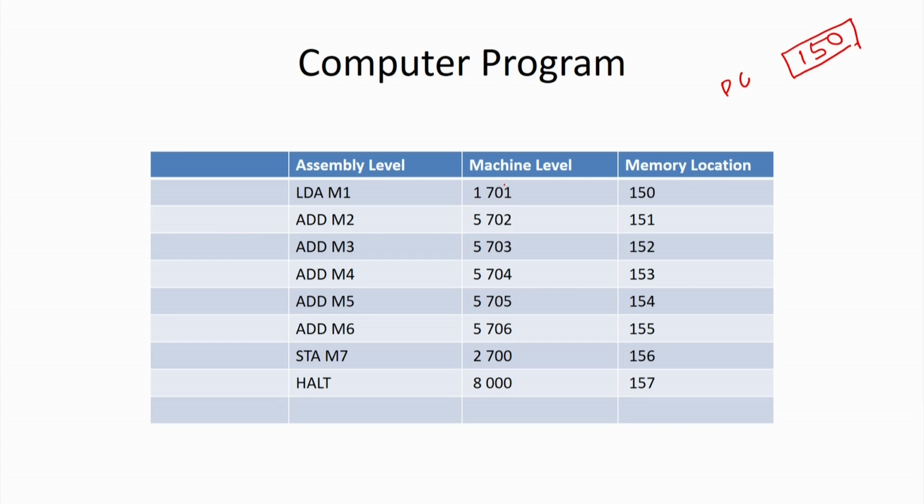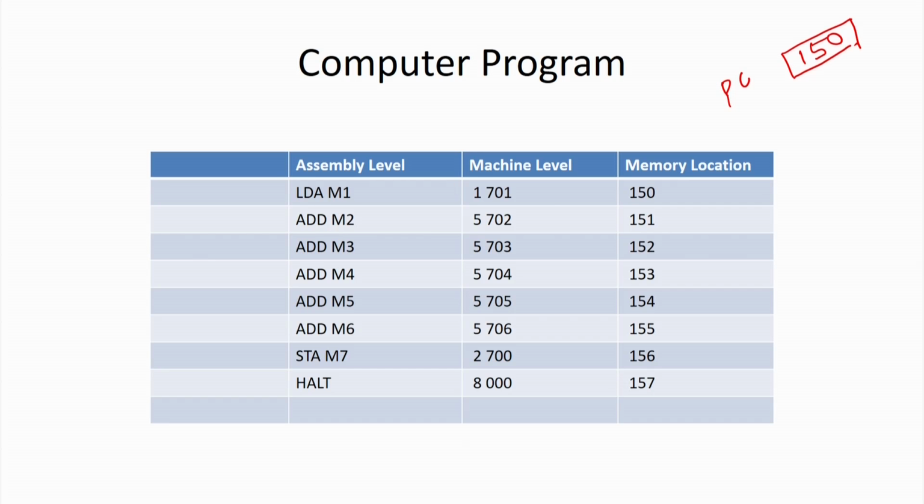Since this program is loaded from memory location 150 to 157, the program counter will be loaded with 150. Now, we fetch the instruction from 150 and execute it. After execution of the first instruction, we fetch the next instruction from 151 and execute it.